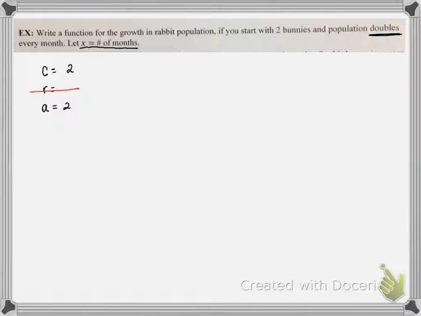And so we have f of x equals 2 times 2 to the x. How many rabbits will there be after 5 years? Go ahead and just do that on the side somewhere, or even just on your calculator. 64. 64 rabbits?